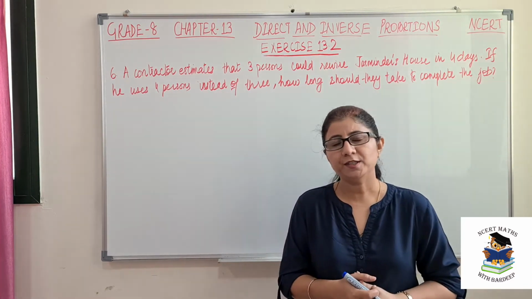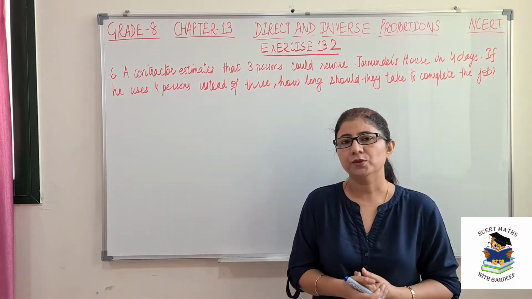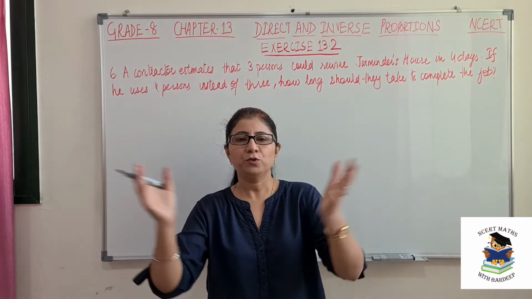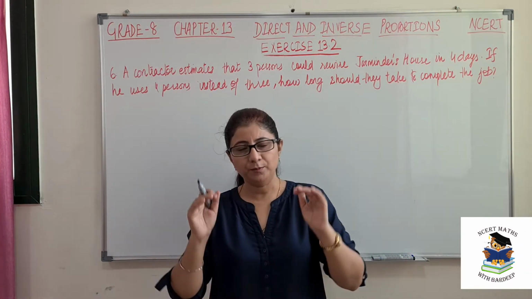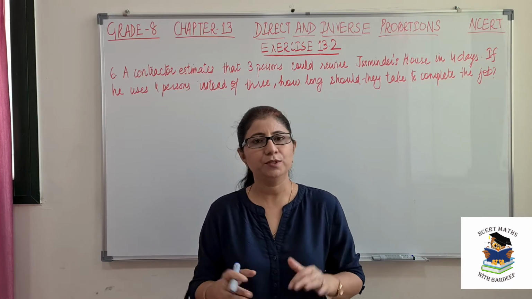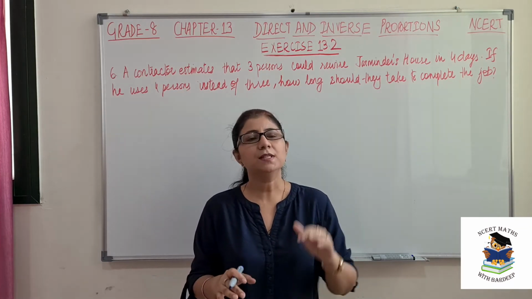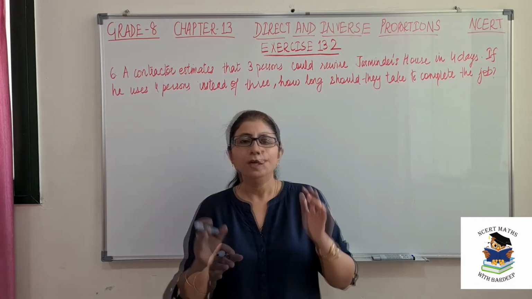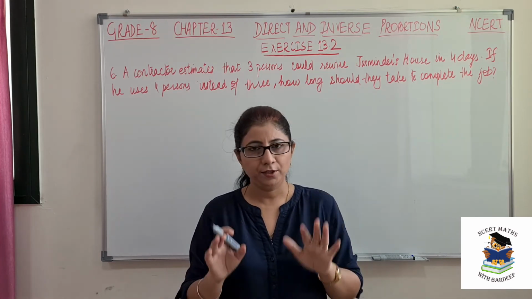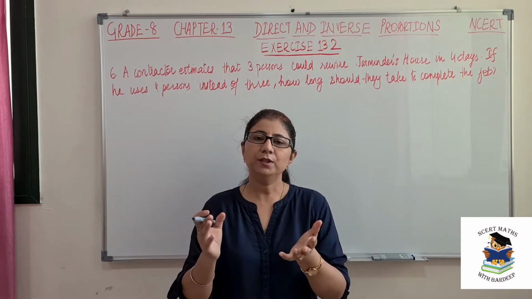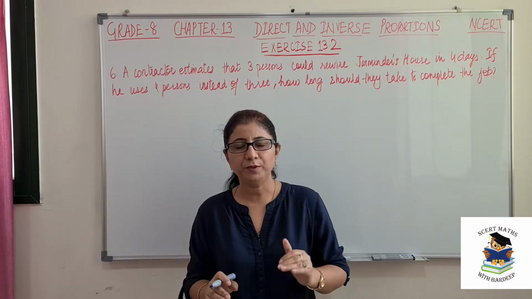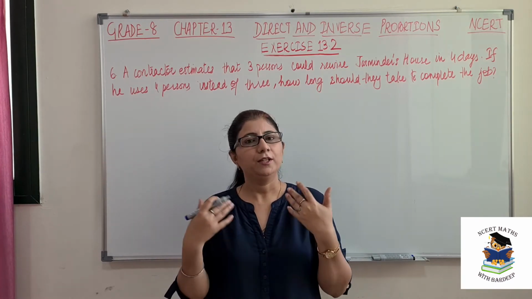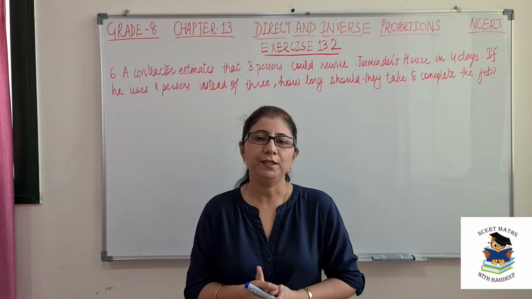As I have already explained earlier, suppose this room is to be constructed and a contractor uses 10 persons and the job can be done in 5 days. If the number of persons is reduced, that means the same work is to be done by fewer people, so obviously they will take more days to complete the job.